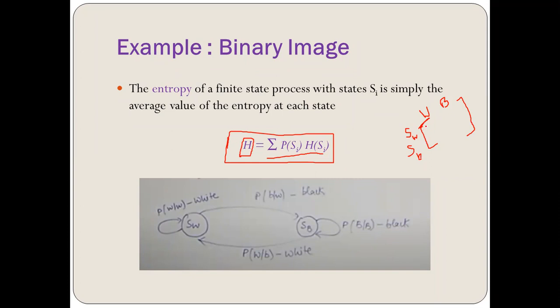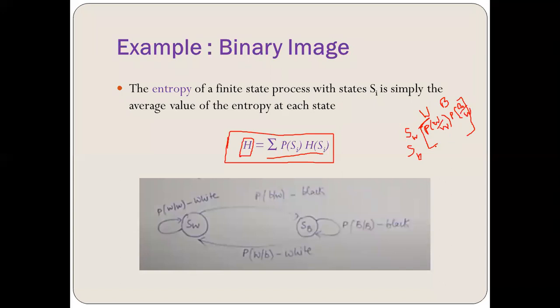So that probability will be written here, that is P(W|W). What is this? This is the probability of getting black after the white state. So it will be P(B|W).